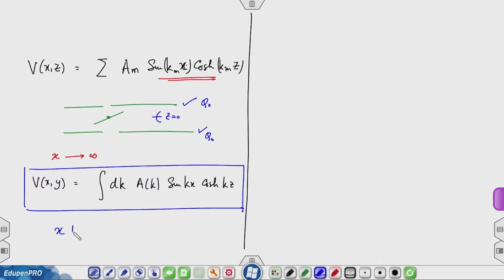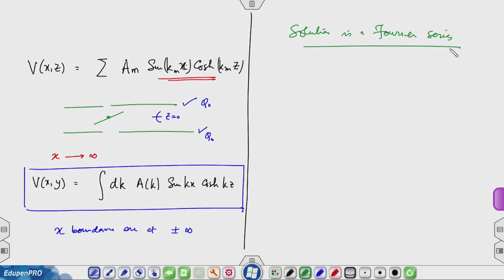So, this is a Fourier series solution. And you do the inverse Fourier transform and you can get a k.